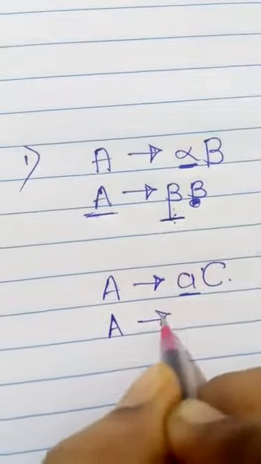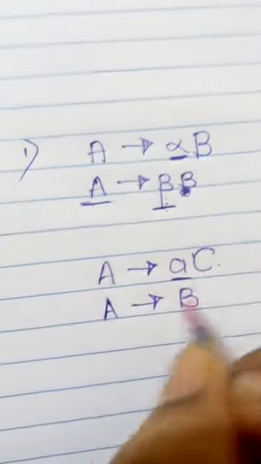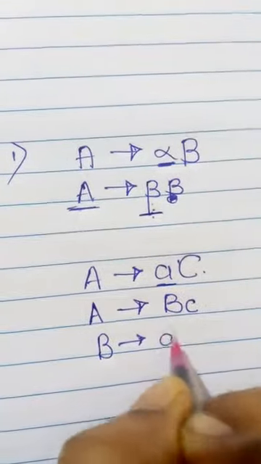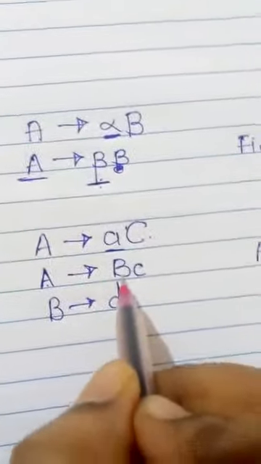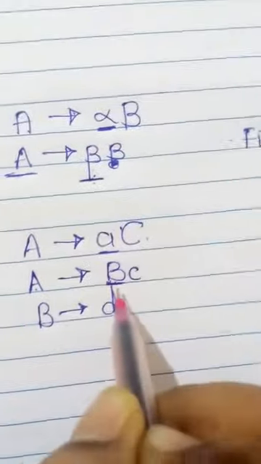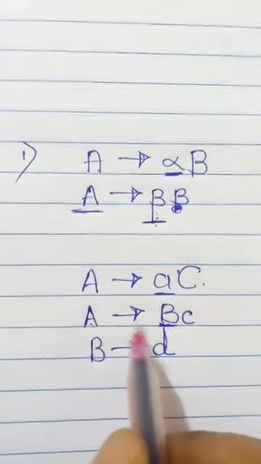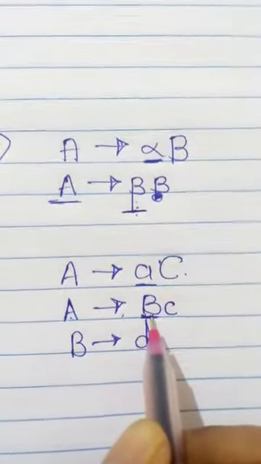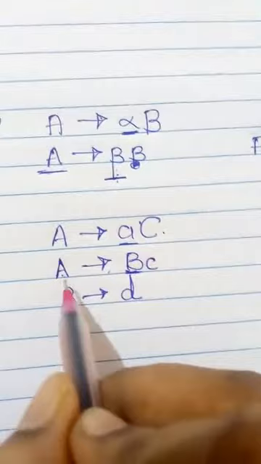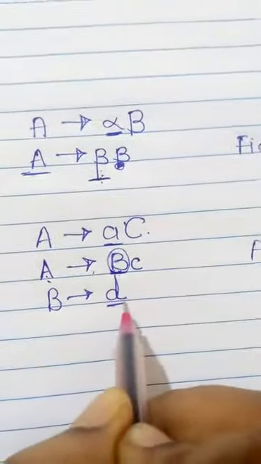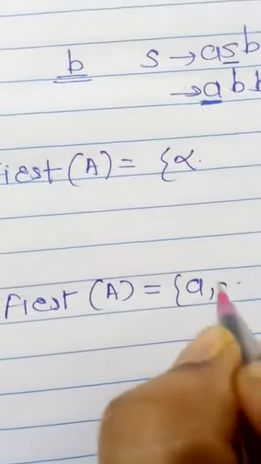Okay, now if I have another production rule, let's say A gives me B small c and B gives me d. So now A gives me B, where this B is capital B, which indicates it is a non-terminal. So if A gives me a non-terminal, then first of A must have first of B, and first of B is what? d. So first of A will be equal to what? d. Getting it?